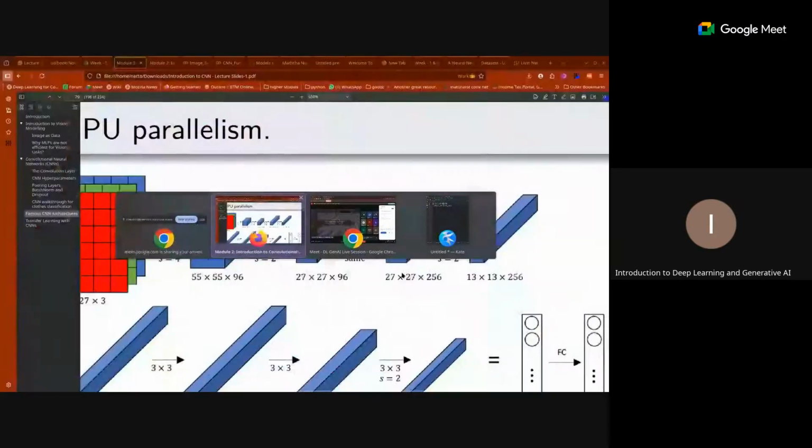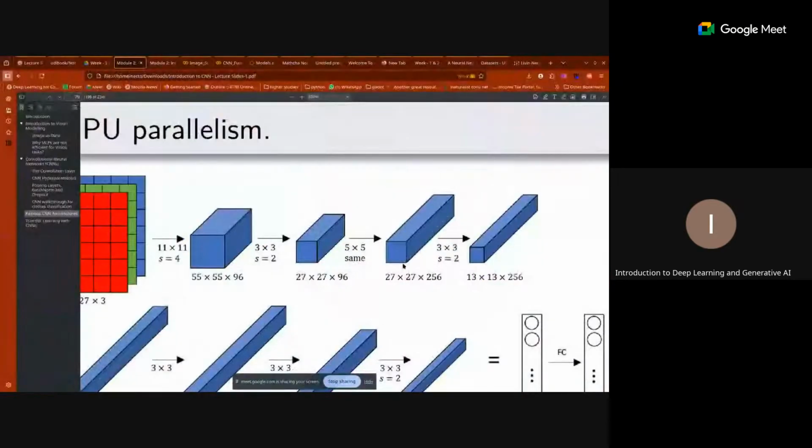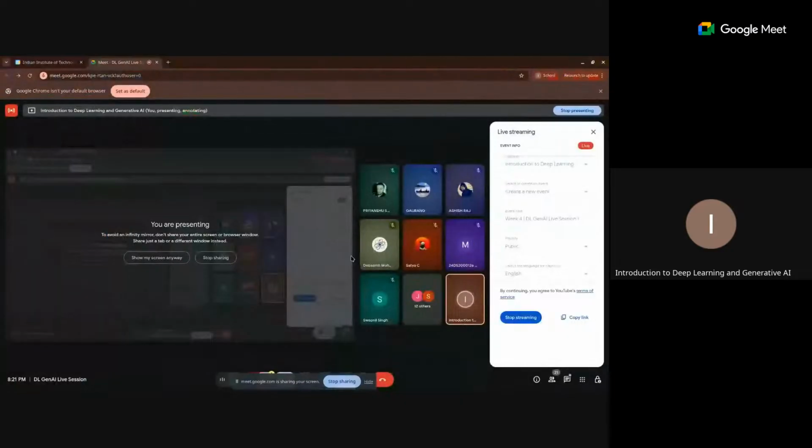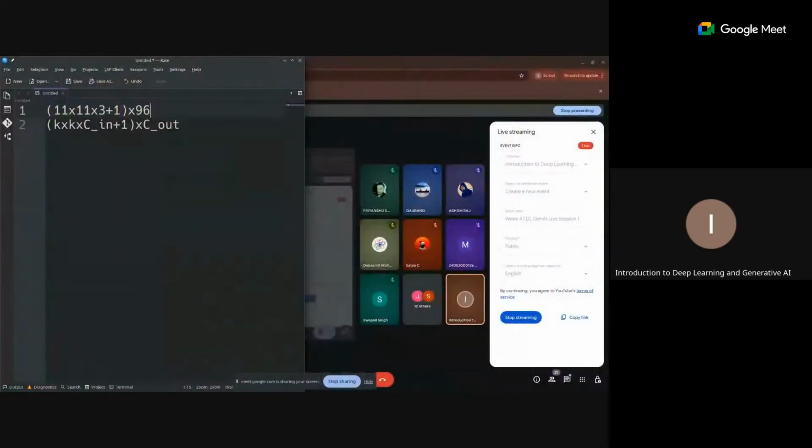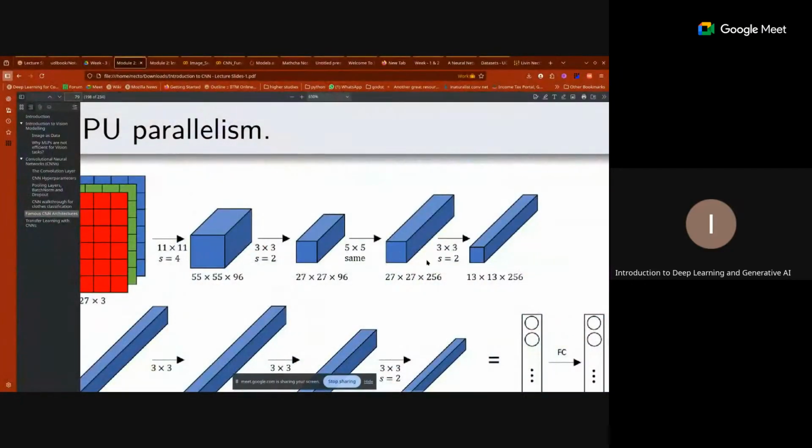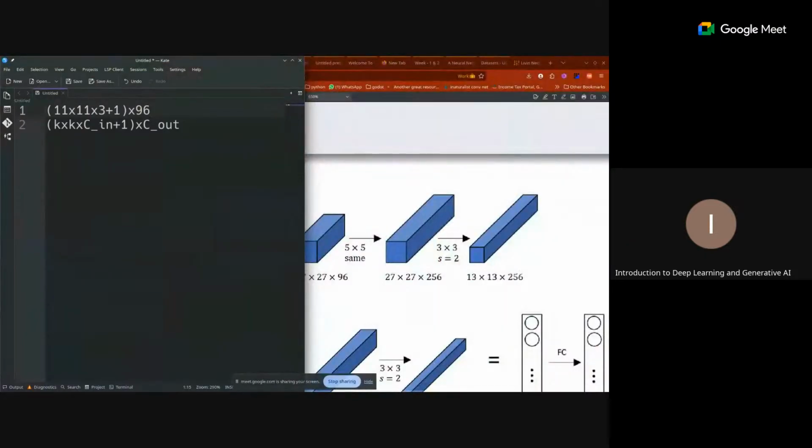So I hope that part is clear. Okay. So now let's see this one. So as you compute this one, let's see what is the number of values that are present there. Let's compute this value.